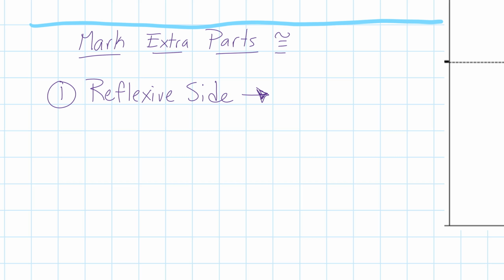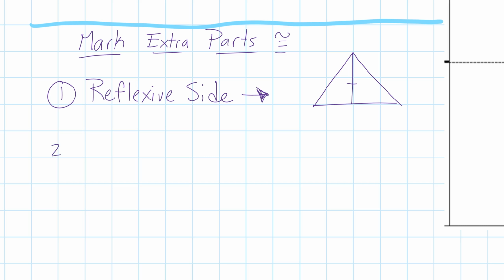This is called reflexive. So, you have a reflexive side when you have two triangles that share a common side. So you see how we have a left-hand triangle here that backs right up to a right-hand triangle? The side that they share, that middle line, is called your reflexive side. And you can always mark it congruent to itself. It's always going to be the exact same length, right?